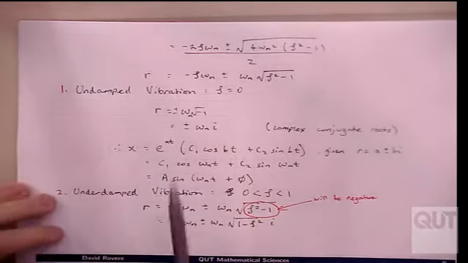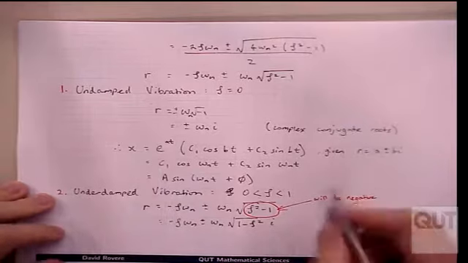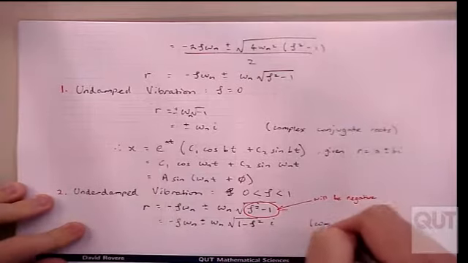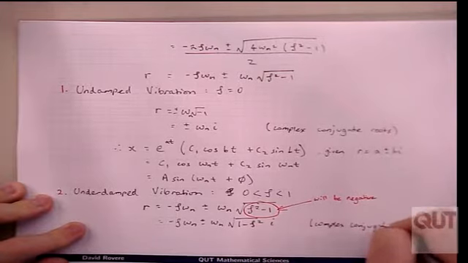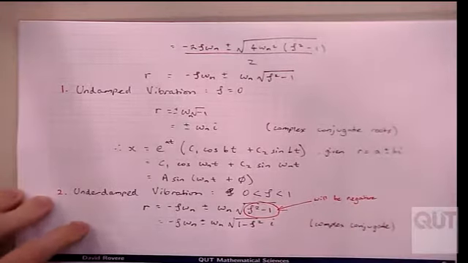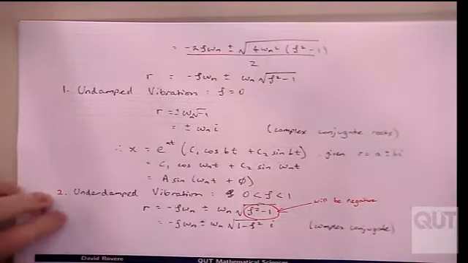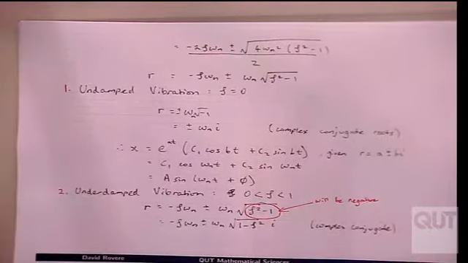So remember what the general form looks like when we have complex conjugate roots. We have this exponential function times a cos function plus a sine function, where a is the real component, so a is this negative zeta omega n, and b is the imaginary component, which is this function here.